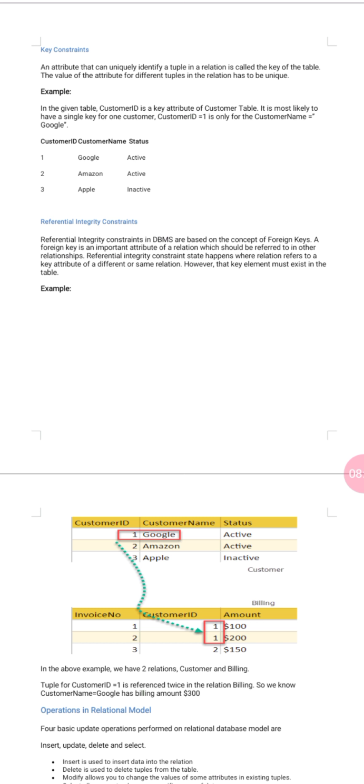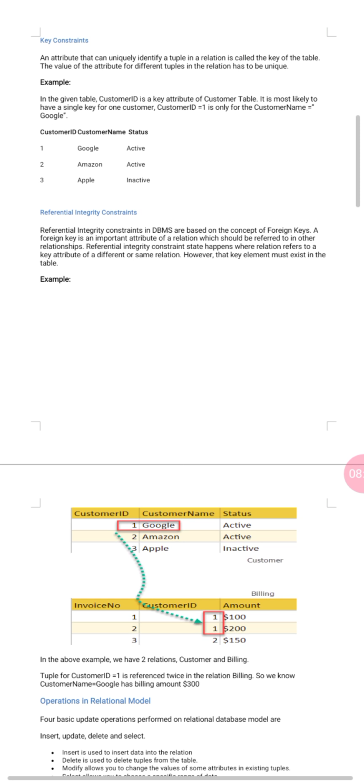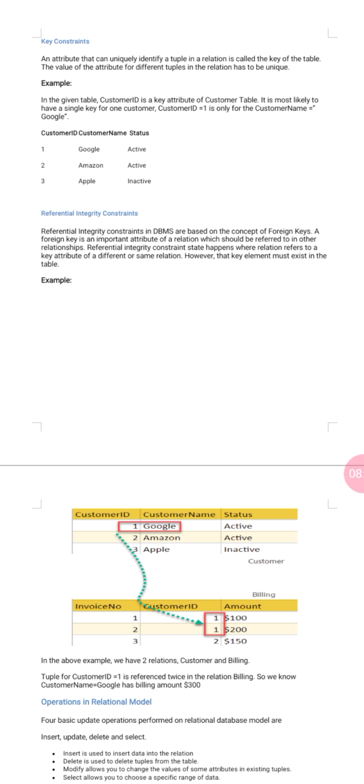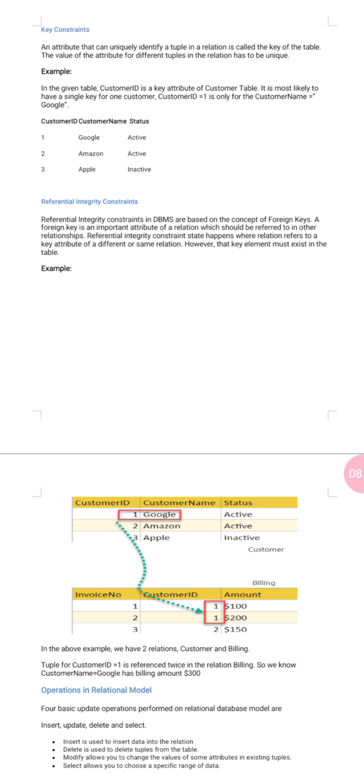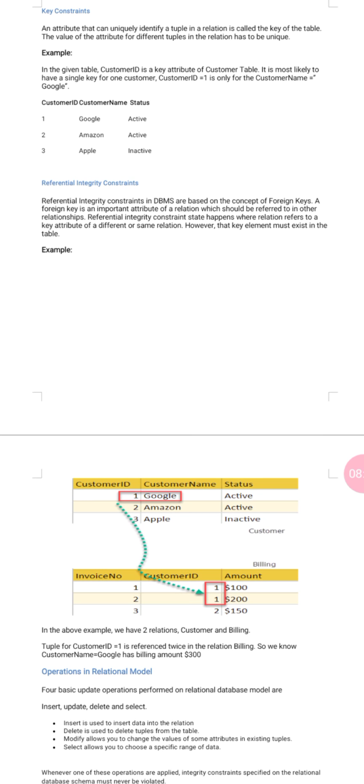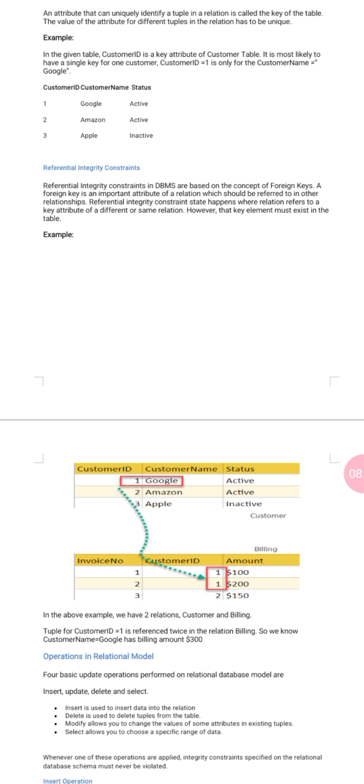Second type is key constraint. An attribute that can uniquely identify a tuple in a relation is the key of the table. The value of the attribute for different tuples in the relation has to be unique. Example: in the given table, customer ID is a key attribute of the customer table.